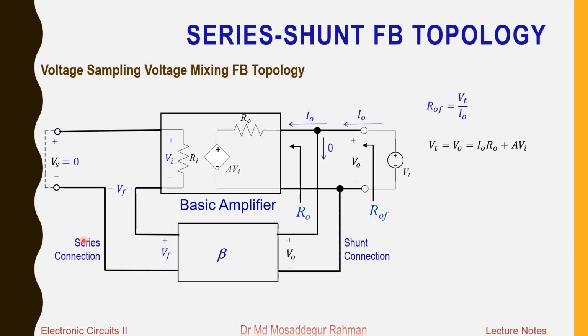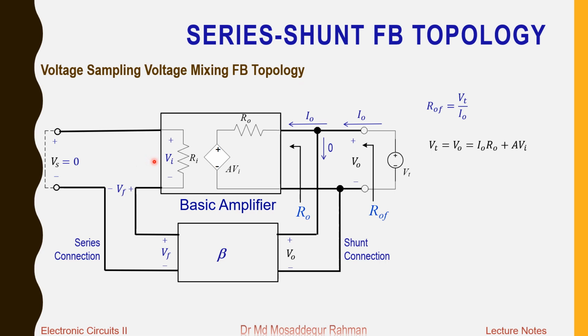Now what is Vi? If you look at the input side, since the Vs is set to 0, these two are shorted. Now you see that Vi and Vf are basically between the same two points, and the other common point is between Vi and Vf. So basically these two are in parallel.